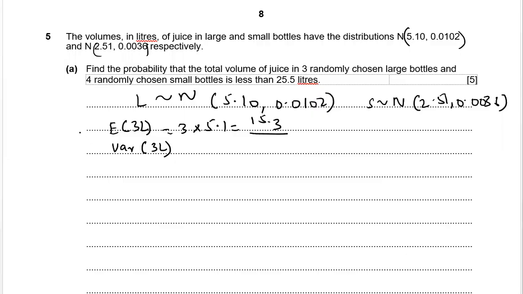Okay, so variance of 3L is like 3 multiplied by 0.0102.